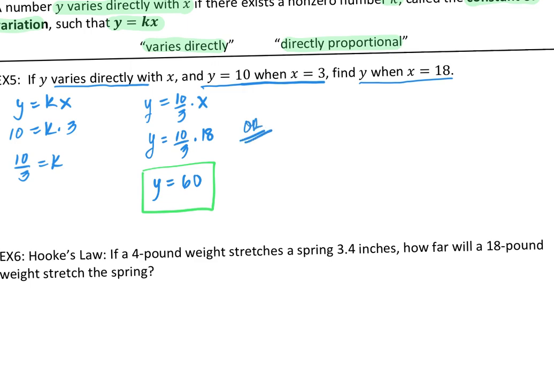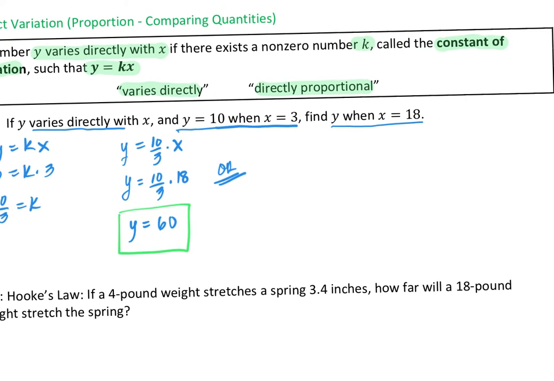Or going back to this language, directly proportional. A direct variation is a proportion. So a proportion is when you can just set two fractions equal to each other. So the other way that we can solve this, instead of actually finding that constant k, is to look at what we're comparing.